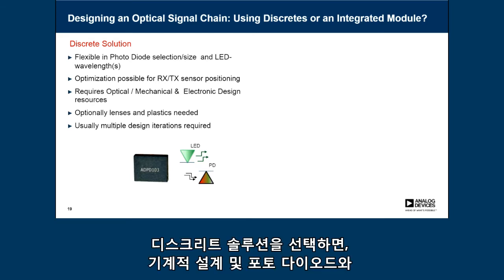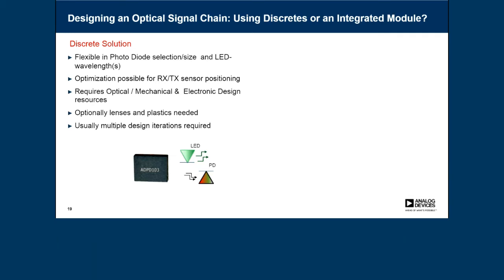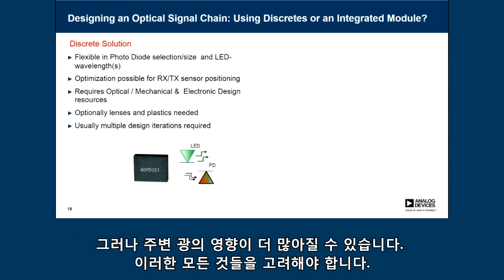If you take a discrete solution, you have all the flexibility in terms of the mechanical design, the spacing between the photodiodes and the LEDs, the colors of the LED wavelengths that you are using, but also the size of the photodiode. If you take a bigger photodiode, your response will be much higher and the SNR performance could be much better. However, you might also be picking up more ambient light. So these are all considerations that you need to take into account.